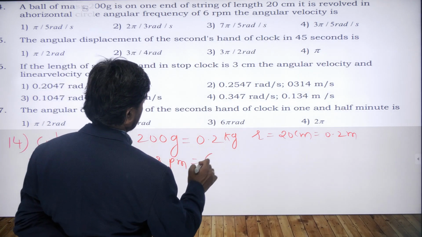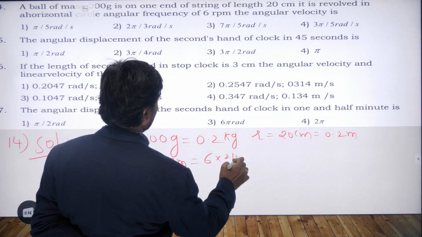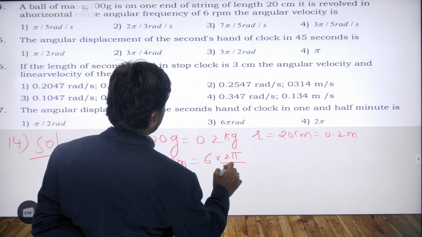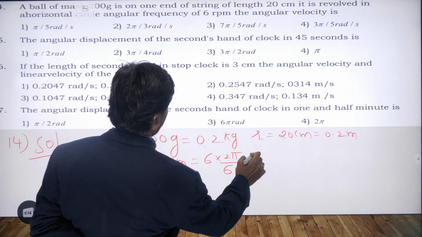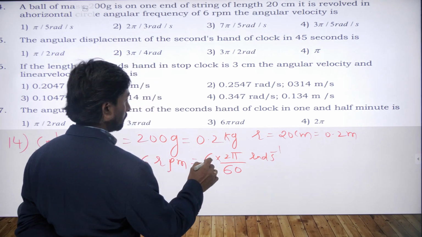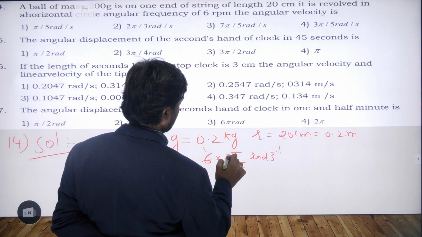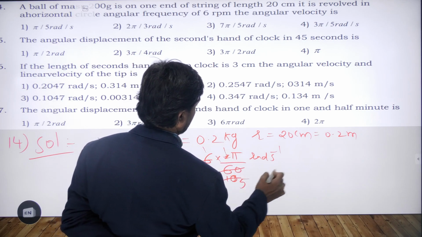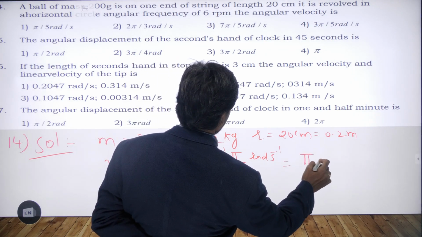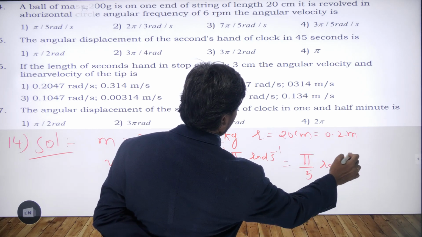One revolution is 2 pi, and a minute means 60 seconds, so we get radian per second. So 6 times 2 pi by 60 gives pi by 5 radian per second.